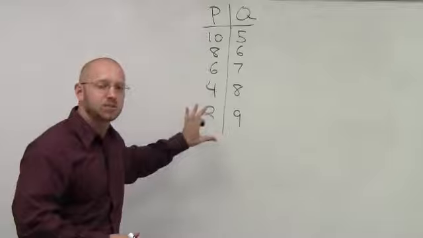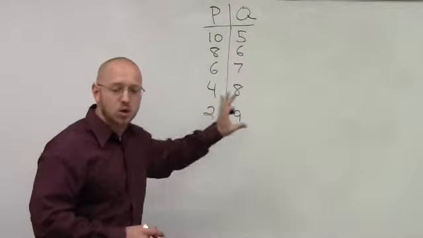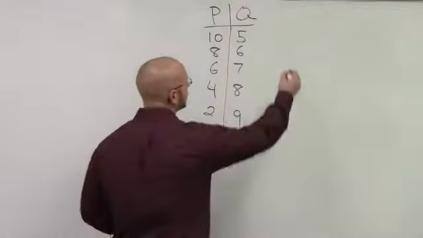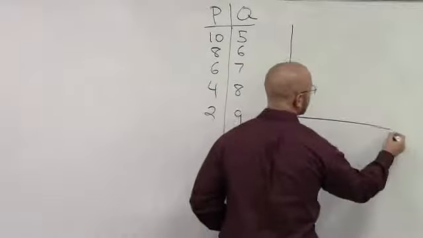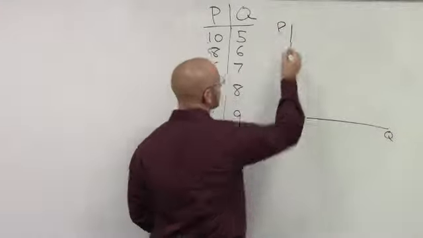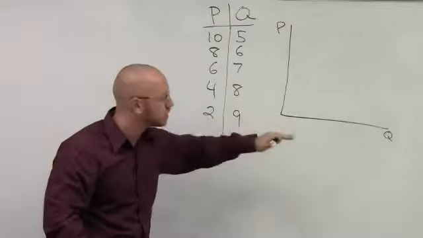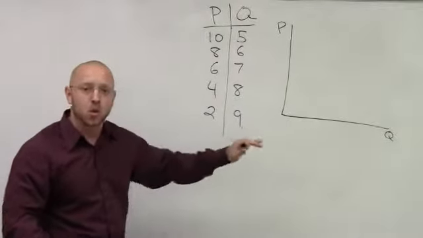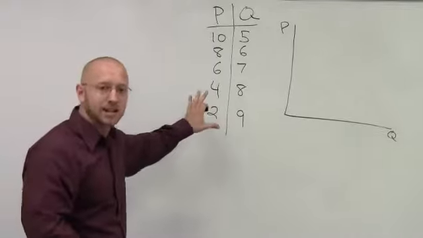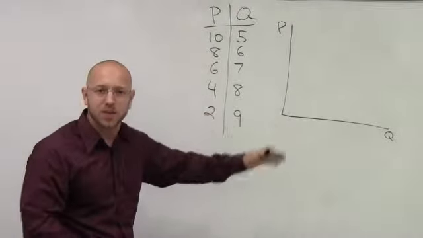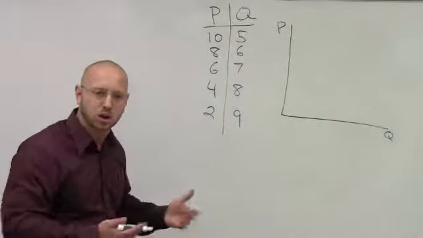Now we want to be able to take this demand schedule and go to a demand curve. Okay, price is always going to be on the vertical or y-axis. Quantity is going to be on the horizontal or x-axis. We want to take these numbers and the demand schedule and plot them and create our demand line, our demand curve.